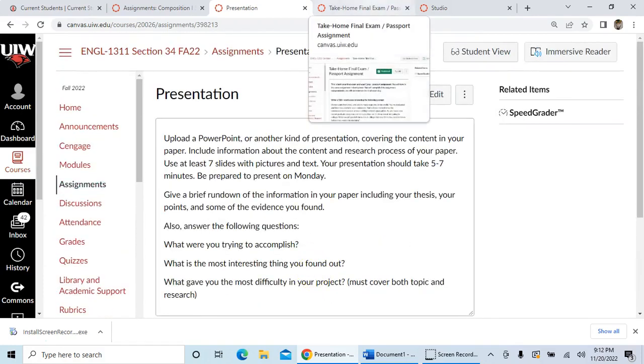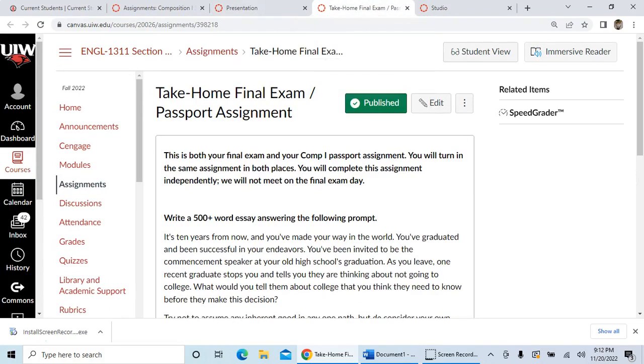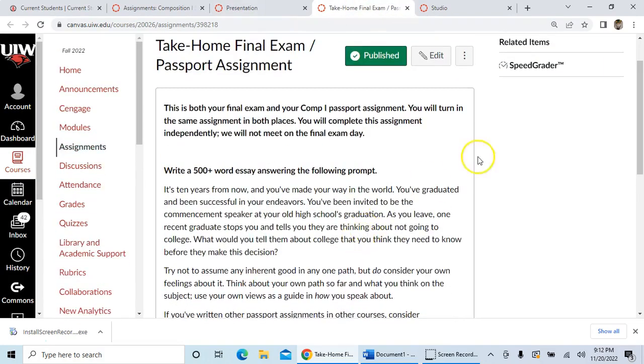And then last part is the take-home final exam, which also doubles as your passport assignment. I'll go over this a little better in class, because some of you have probably done a passport assignment by now, but most of you probably haven't.